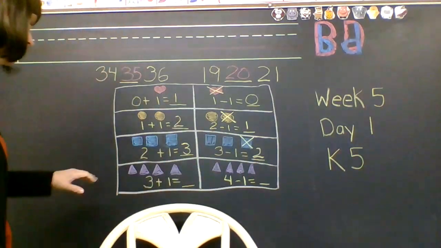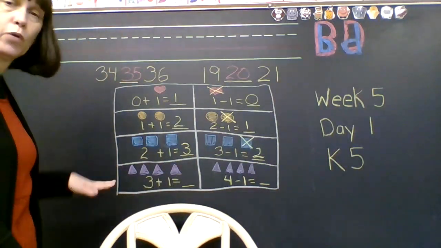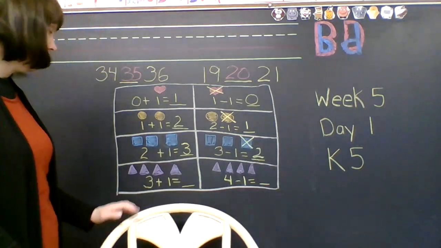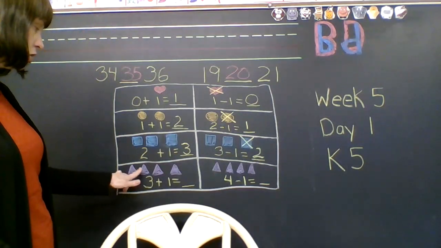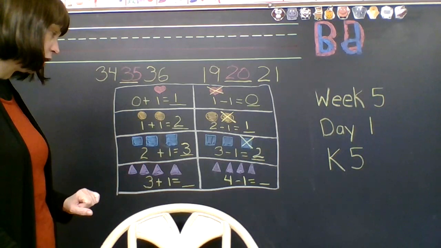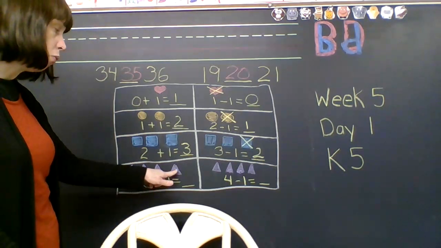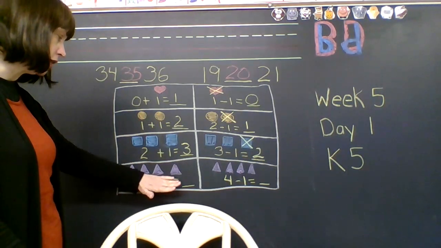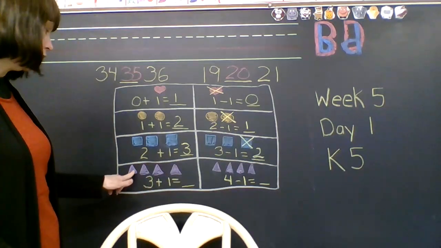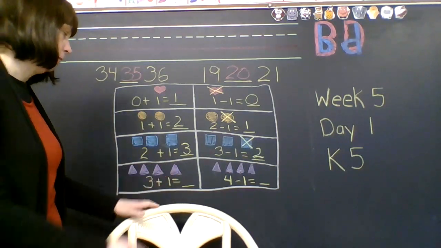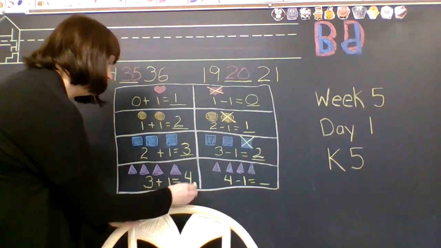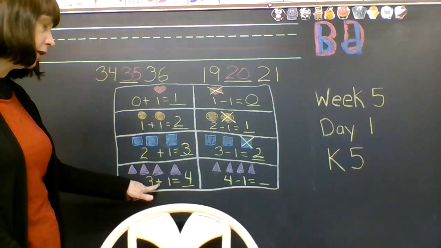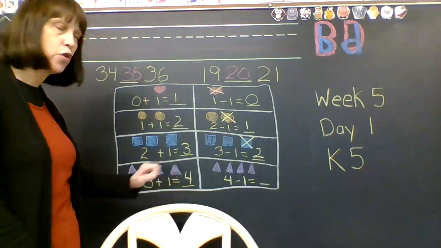And our last set, boys and girls, we have some purple triangles. All right, so we have 1, 2, 3 purple triangles plus 1 purple triangle equals how many all together? 1, 2, 3, 4. So, 3 plus 1 equals 4.